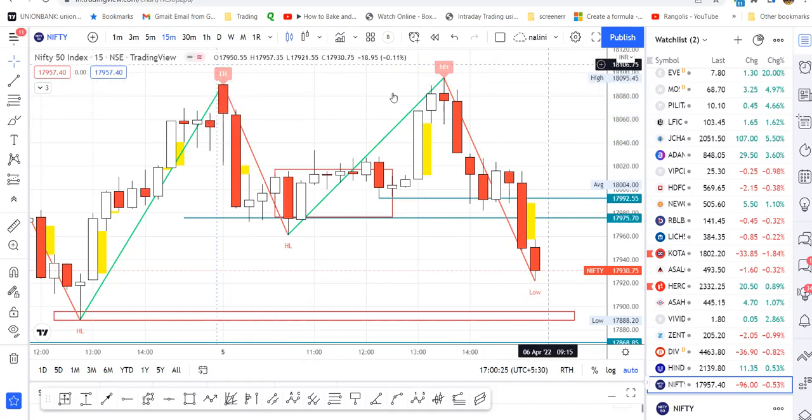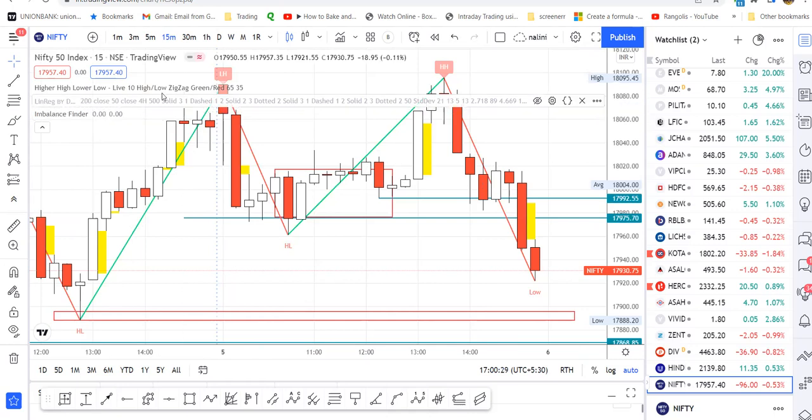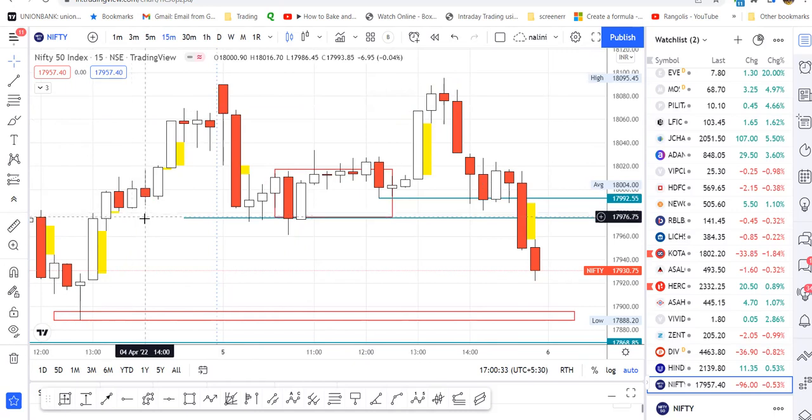Let me remove this drawing, and let me remove this indicator also, so that you will understand very easily. Actually, after 30 minutes, price started stabilizing.